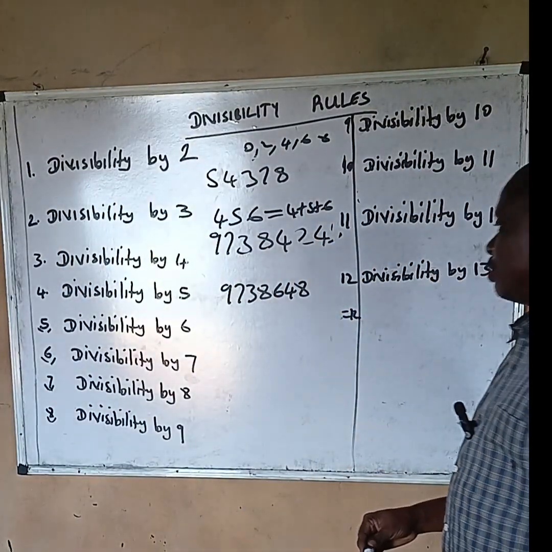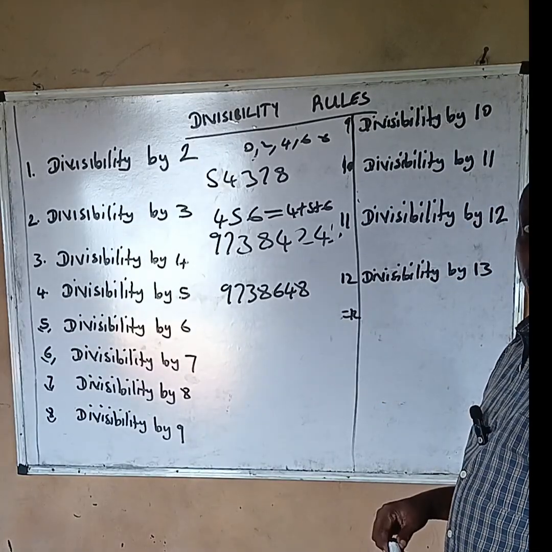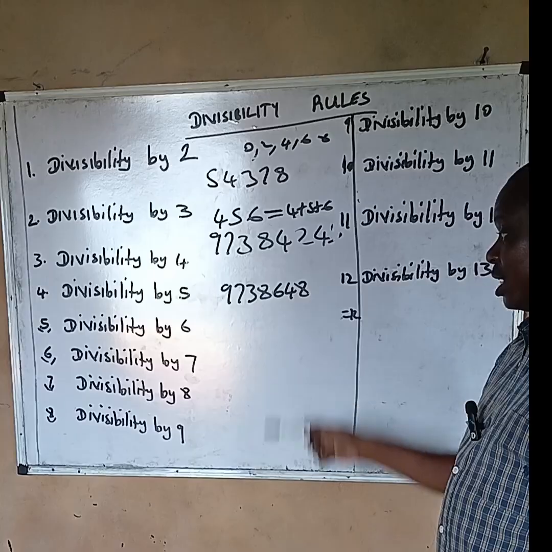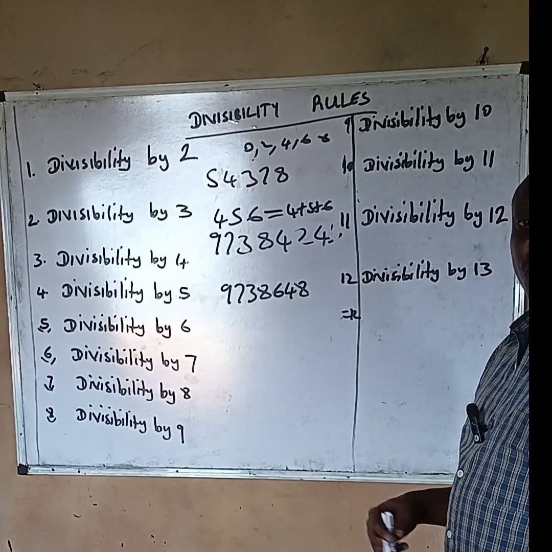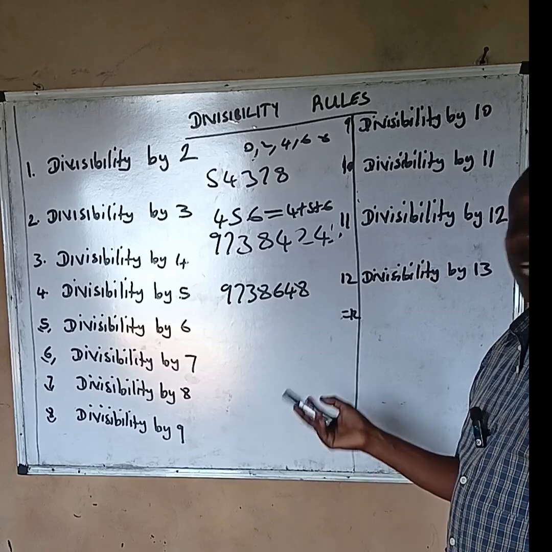How do we know if 8 can divide it? Not just the last digit. Don't look at only the last digit because this is 4. Sometimes 8 can be there and 8 cannot divide that number. So it is the last 3 digits. If the last 3 digits are divisible by 8, then 8 can divide the entire number.